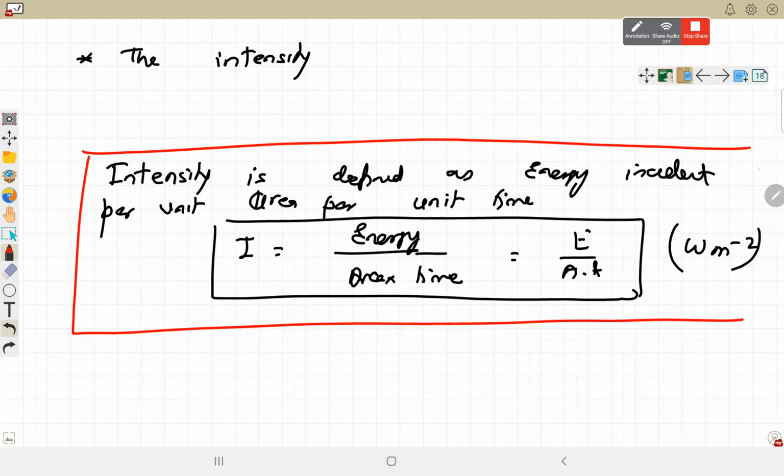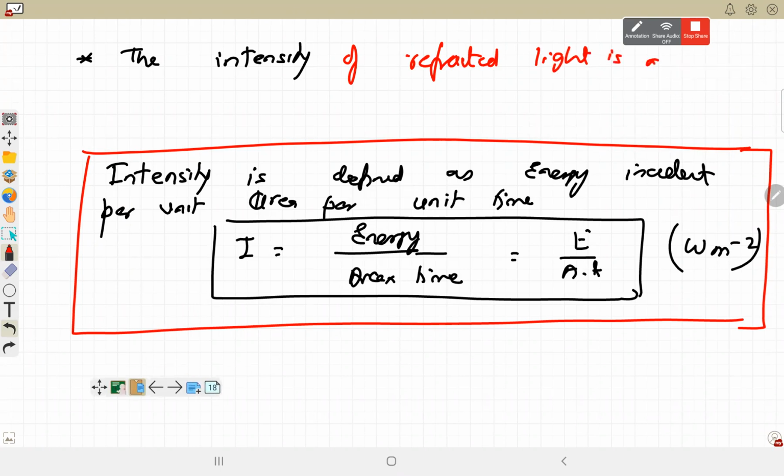So here, some energy is reflected back. Intensity of refracted light is always less than intensity of incident light.